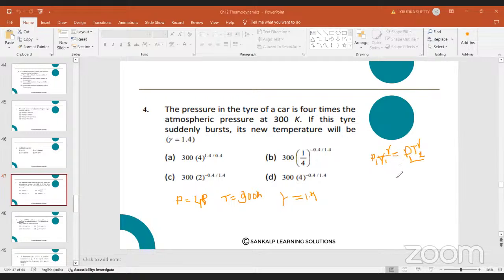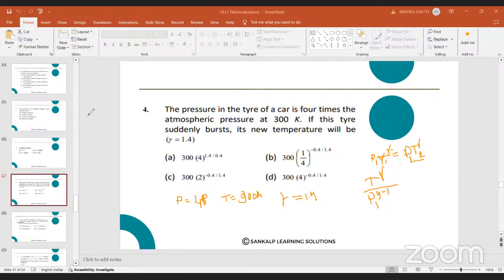Here, the adiabatic process equation can be modified as T1 raised to gamma divided by P1 raised to gamma minus 1.